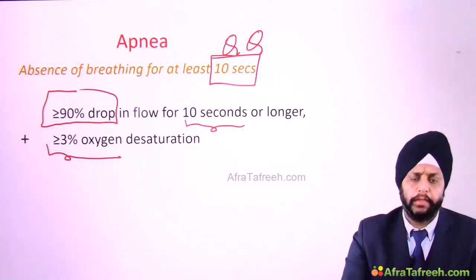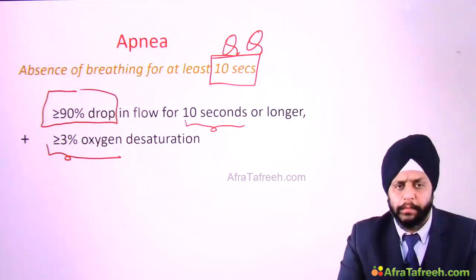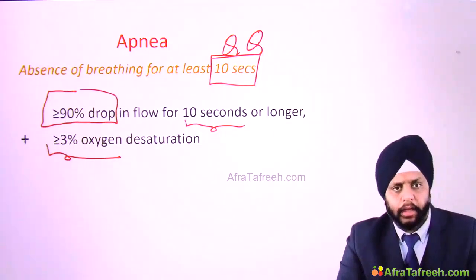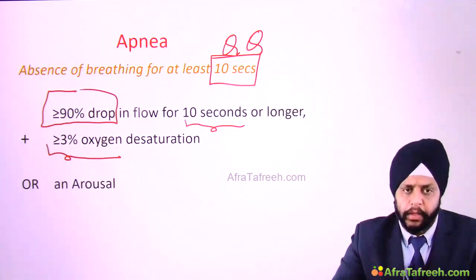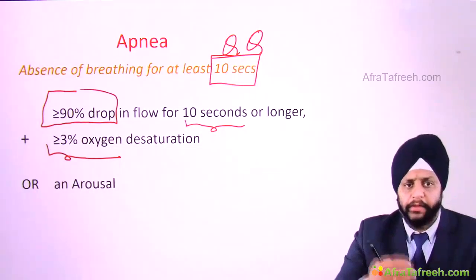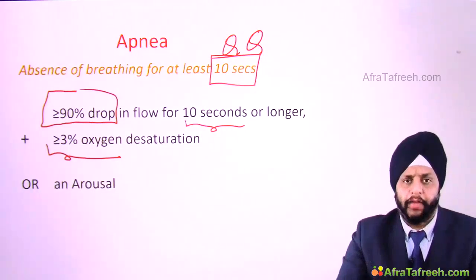So you can put a pulse oximetry probe and we'll see more than 3% or equal to 3% decrease in the oxygen saturation. Right? Or we can say the patient is having an arousal. Patient gets up. So that also again shows us that patient is having apnea. Right? So any of these ways we can define apnea.